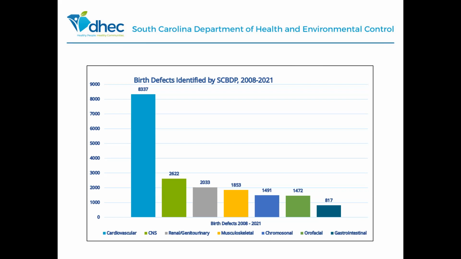That's a really good question. So we know a lot of birth defects are actually genetic as well. And so that means that, as far as we know, there was nothing a family could have done to prevent the birth defect. That being said, there can be multifactorial reasons for a birth defect.